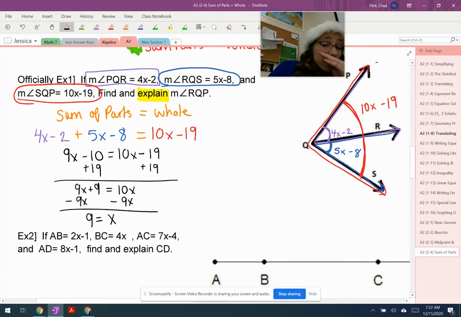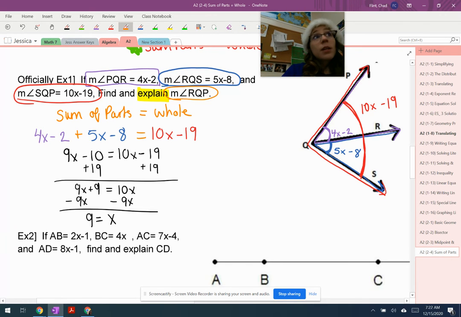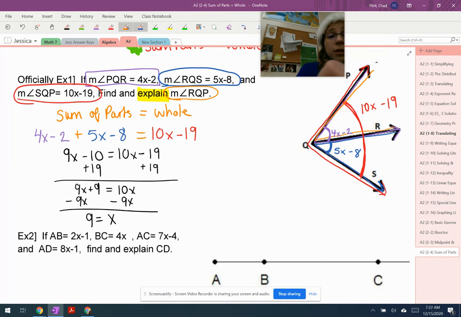All right, now again, just making sure that we've answered the question here. They were asking me to find the measure of angle RQP. RQP is the same as PQR.